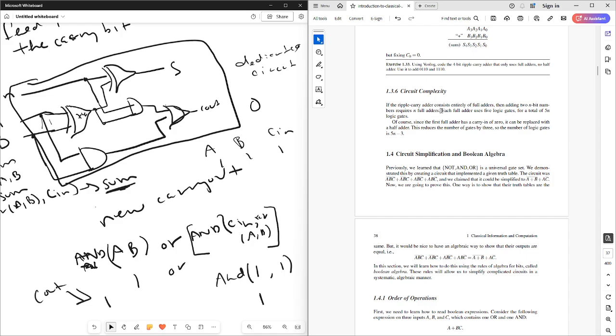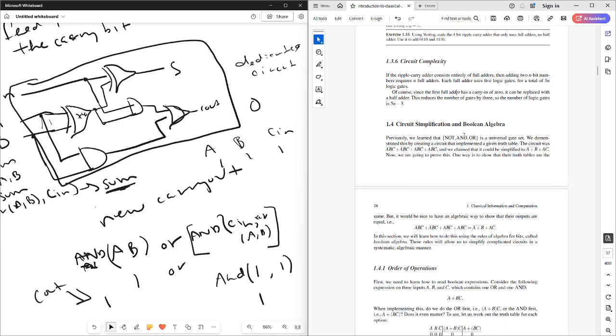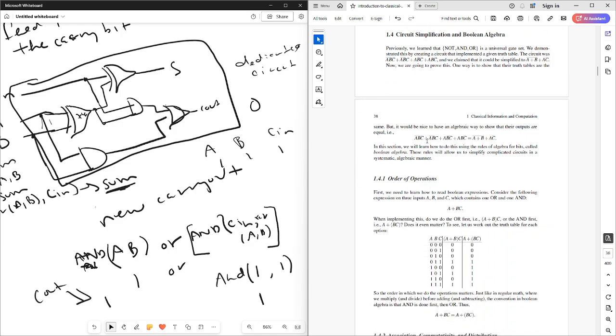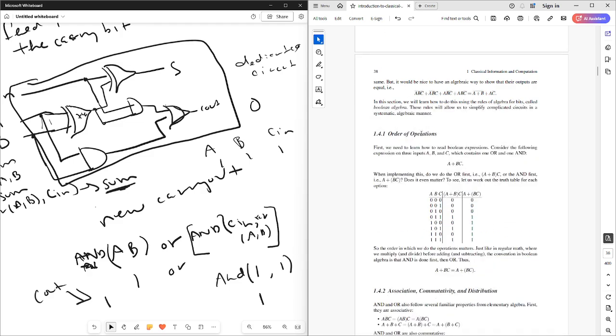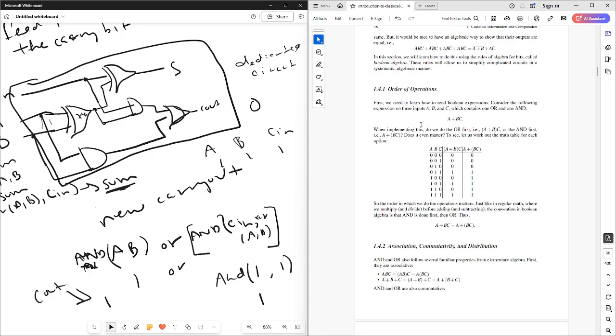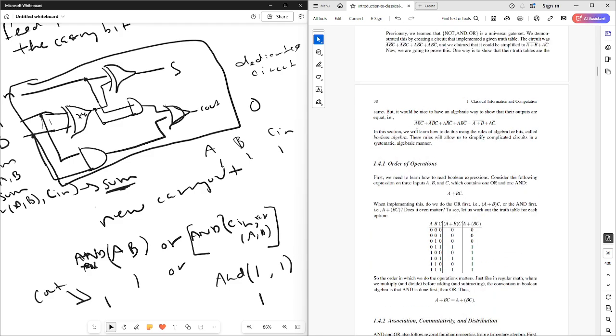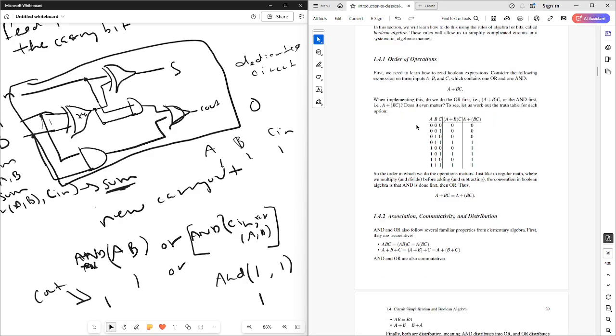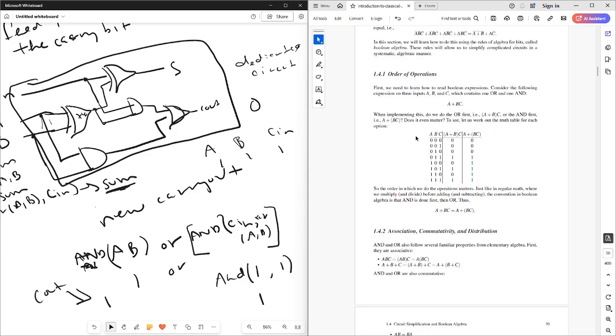For the full adder, each one has 5 gates, so for n-bit numbers it's just 5n. So if we're adding 12-bit numbers, we're going to need 60 logic gates, and so forth. Circuit simplification. Most of this is pretty straightforward.